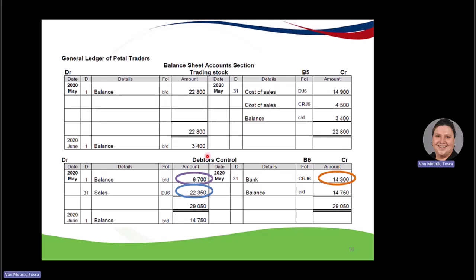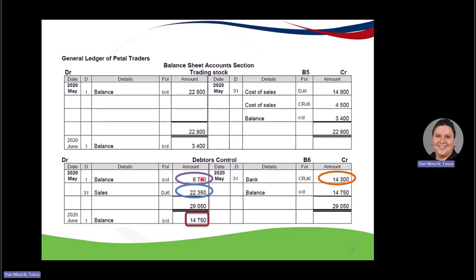So the balance that we are going to bring down is 14,750. Can you see on your debtors control account, we only use bulk figures. We get that straight from your cash receipts journal and your debtors journal.